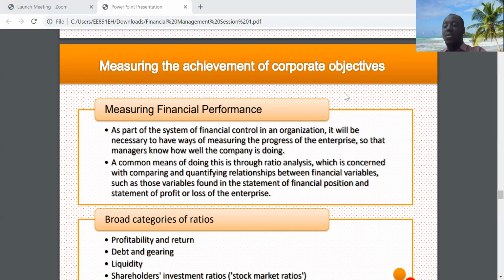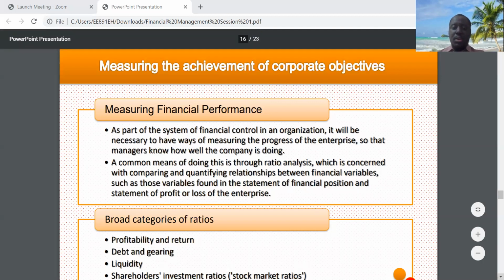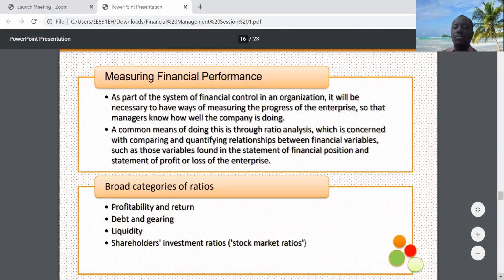Ratio analysis is one of my favorite topics personally in financial management. Ratio analysis is used to measure financial performance. There are broad categories of ratios. There are profitability ratios, and gearing ratios, which relate more to debt.